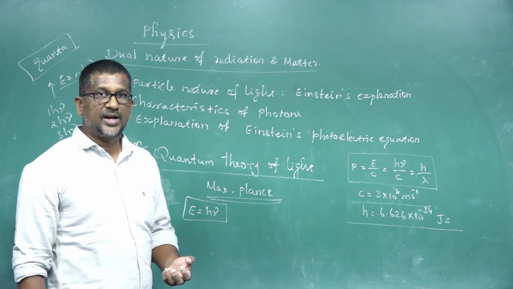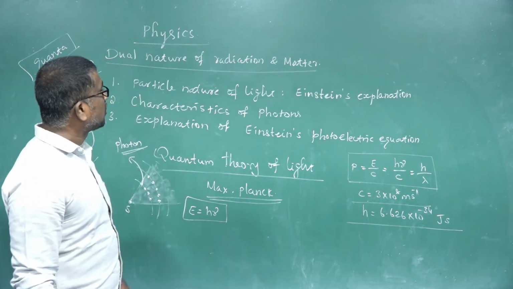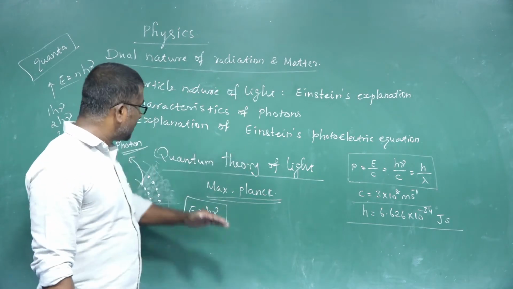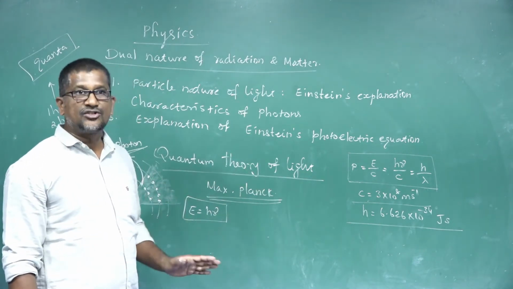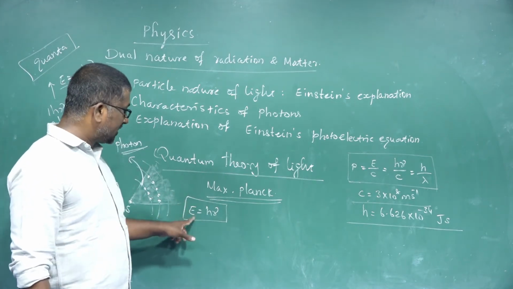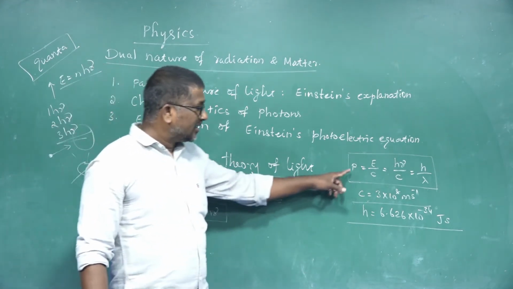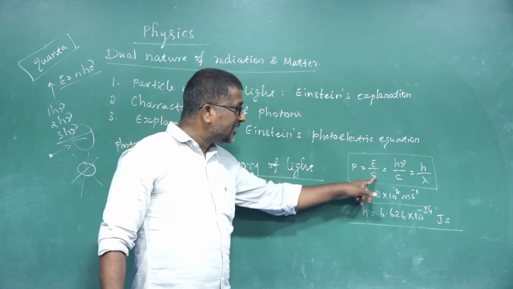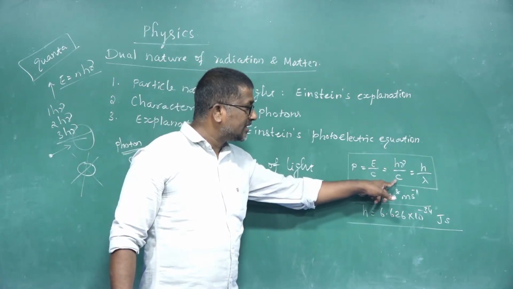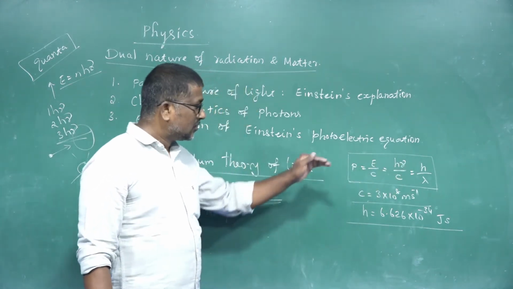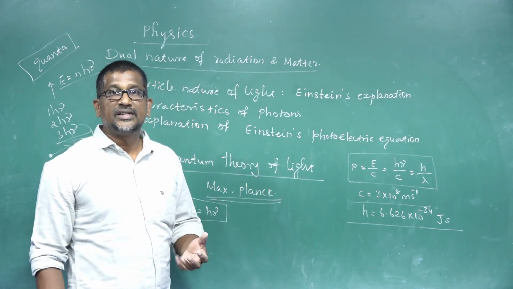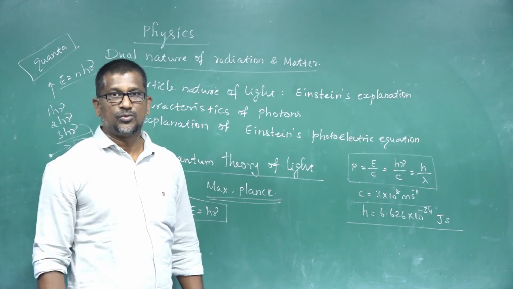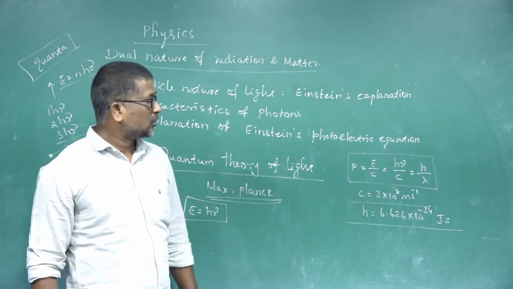This is the particle nature of light explained by Einstein in the quantum theory of light. According to Albert Einstein, the energy of the photon is equal to h nu, and the linear momentum of the photon p is equal to E divided by c, or h nu divided by c, or h divided by lambda. From this, Einstein concluded that the photon behaves as a particle, right?